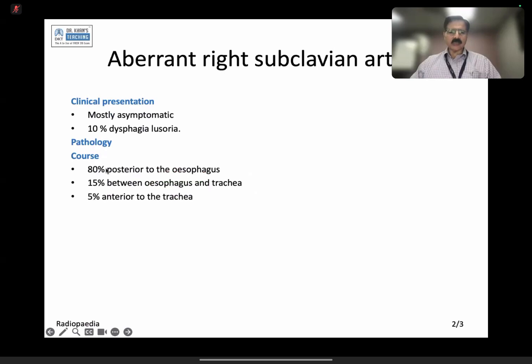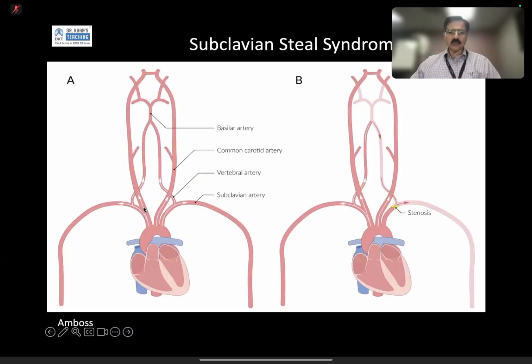And this is what I have told you already, that the course can be posterior to the esophagus, 15% between esophagus and trachea, 5% anterior to the trachea. Subclavian steal syndrome. Concentrate on this diagram and it tells you everything. Now, if you see here, there is a stenosis or thrombus of the subclavian artery.